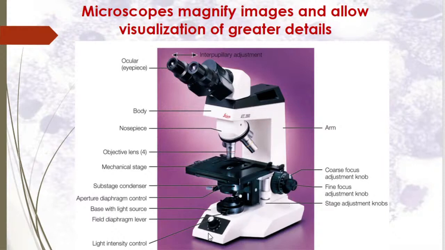Also we have seen here the illuminating system, light intensity control, the mechanical stage, the objective lens, nosepiece and body. Also we have seen the ocular lens.